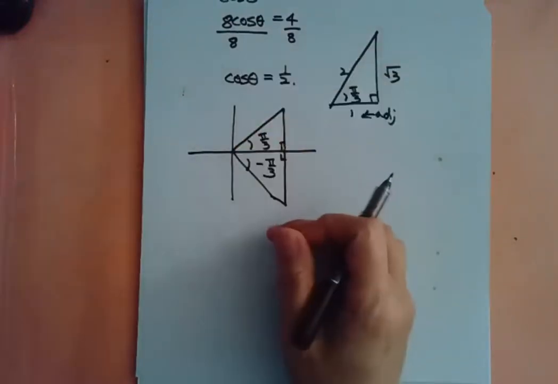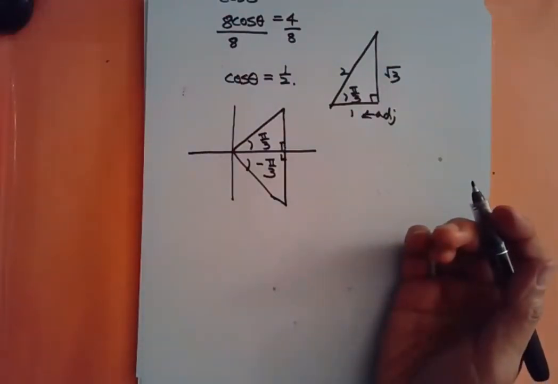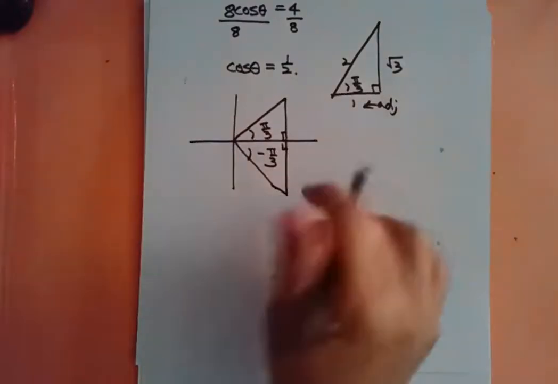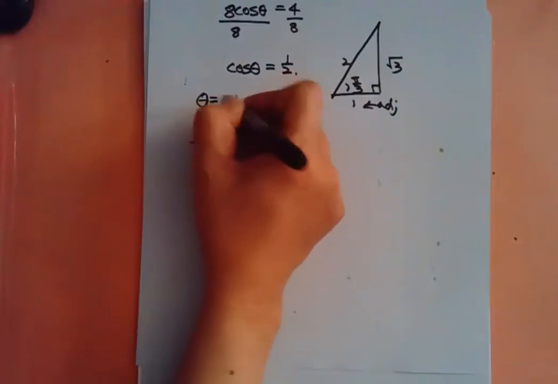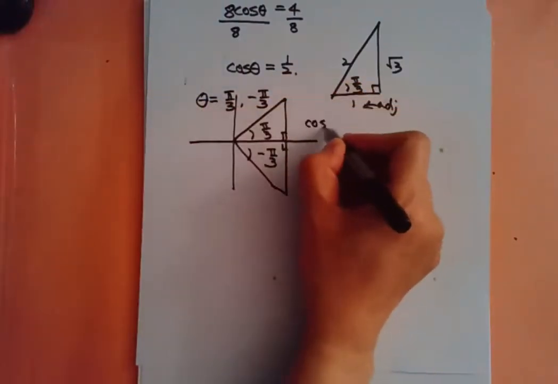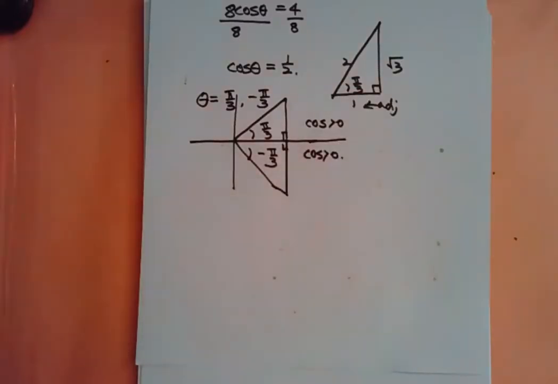When we flip like this, the solution for this equation is theta equals pi over 3 and minus pi over 3. Another point is that cosine is positive in the first and fourth quadrants because x values are positive in those quadrants.